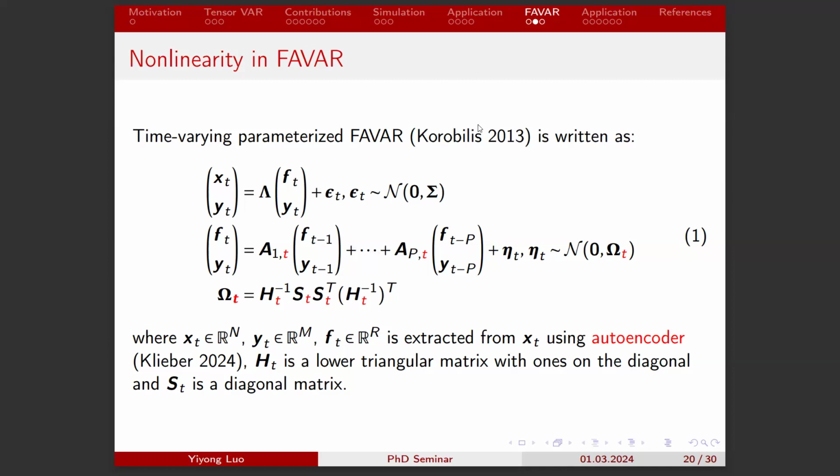So we just set this, and this is exactly what the authors did. For the covariance matrix, we have a Cholesky-style decomposition, setting H_t to be a lower triangular matrix and S_t to be a diagonal matrix.